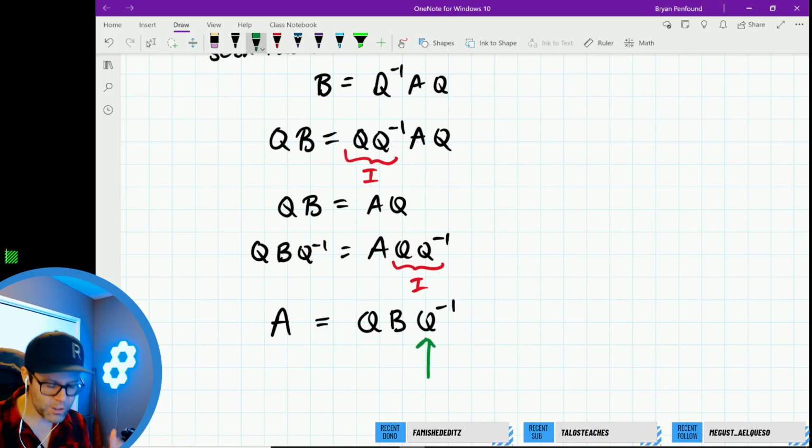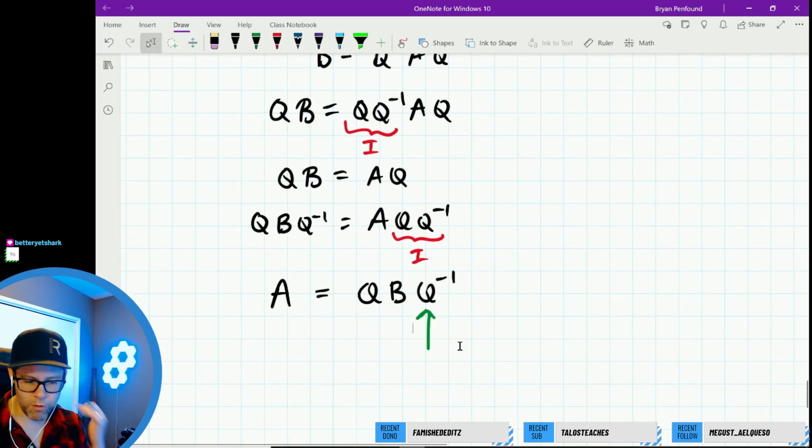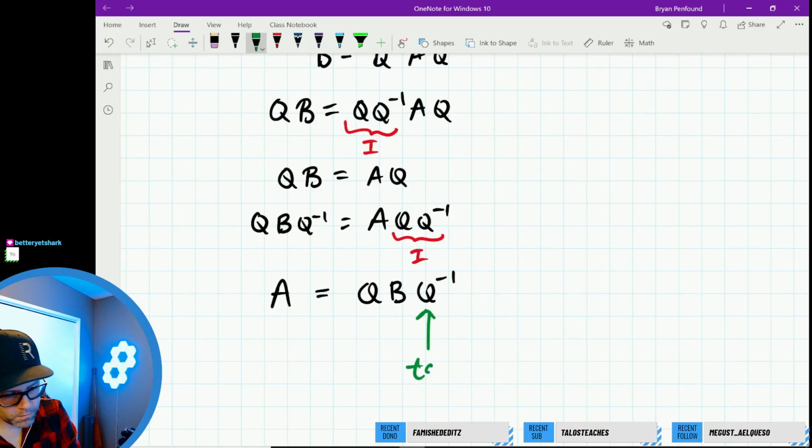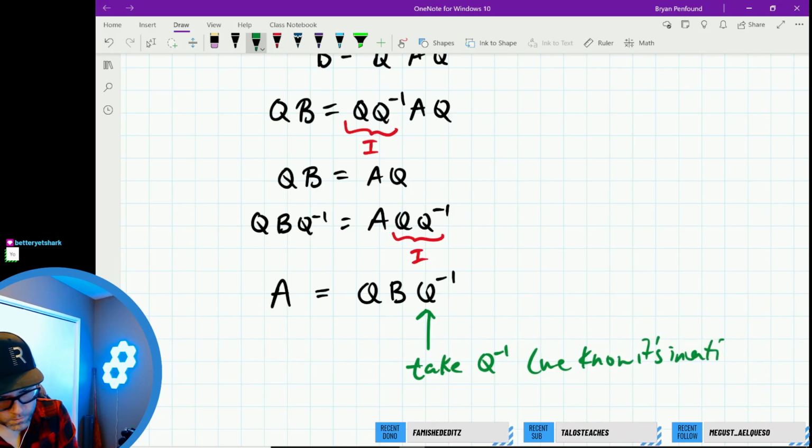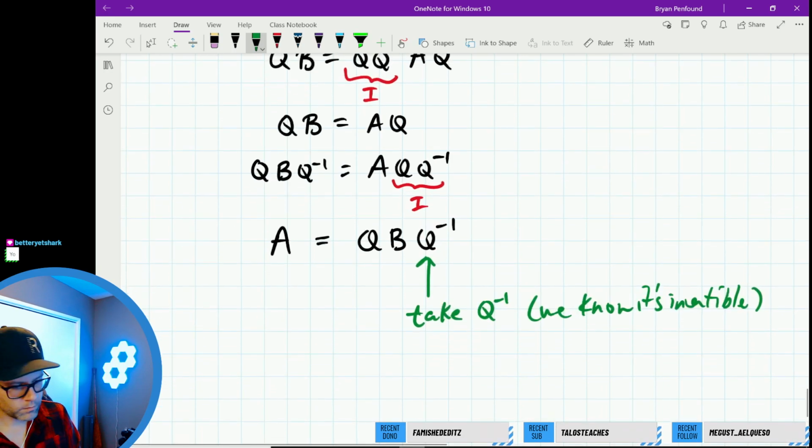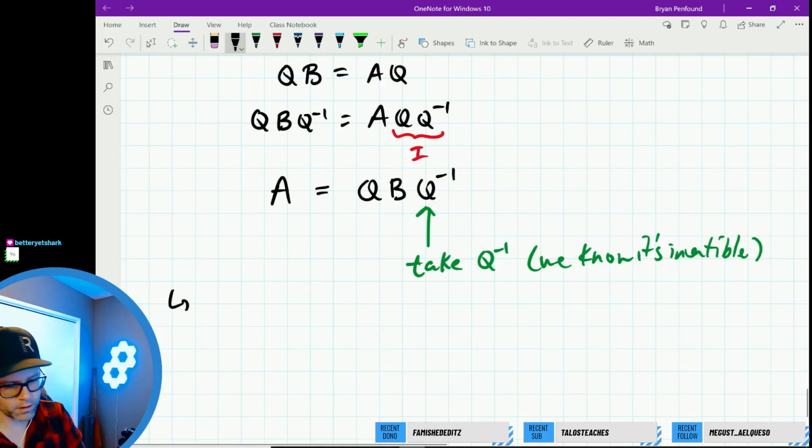We've found exactly the candidate that we need for the definition. So we're going to take Q inverse. We know it's invertible. And so we know now that if A is similar to B, then B has to be similar to A.